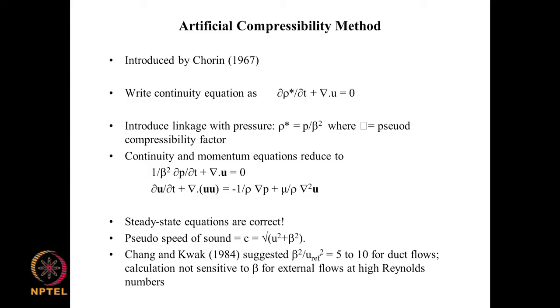So, there may be some unsteady periodic kind of flows which may be coming through, okay. But if you are looking at a flow which is going to be steady, and if we can drive these equations to steady state where the contribution of these time dependent terms becomes negligible, then we have a velocity field and a pressure field which satisfies the steady form of the momentum equation and the continuity equation.